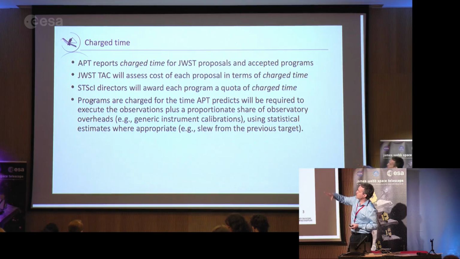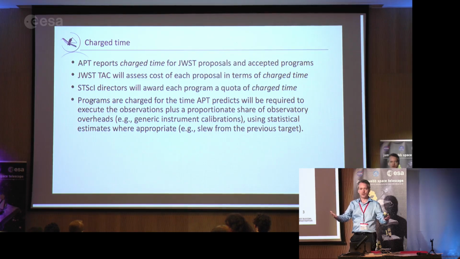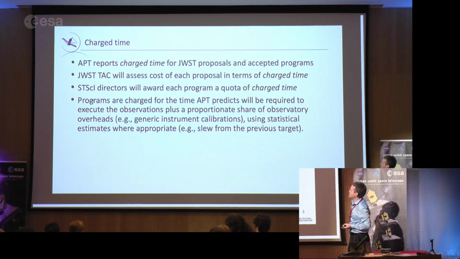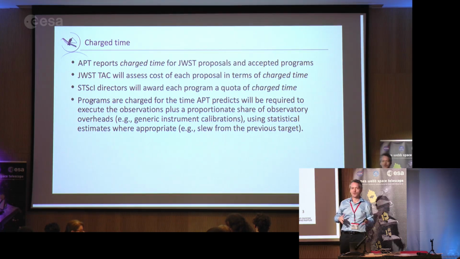So APT, the proposal tool, reports charge time when you build a program or a proposal. The TAC basically has a pile of charge time, a quota that they can allocate out. The director will actually say, okay, well, here's your amount of charge time that you're going to get for your program. And then you actually don't pay what it really takes anymore. You pay what the APT timing model says.